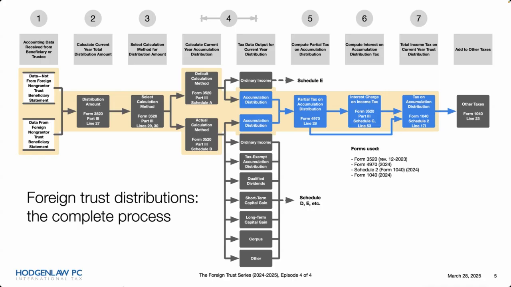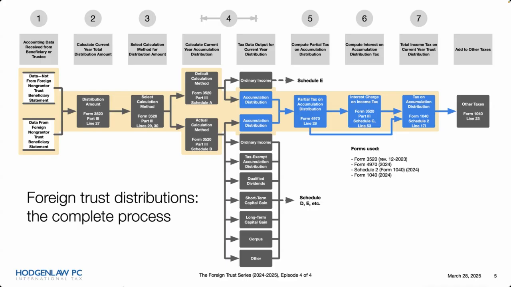You're going to select the calculation distribution method, and there are 2 methods for figuring out how much of that distribution to the beneficiary is deemed to be a distribution from accumulated income.